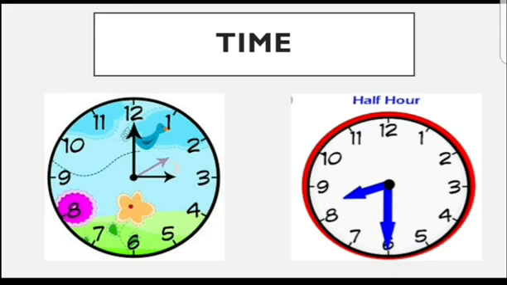And the hour hand, you can see it is between 8 and 9. So in this case children, you will consider the first number which is written, and it will be 8:30, that is half past 8.